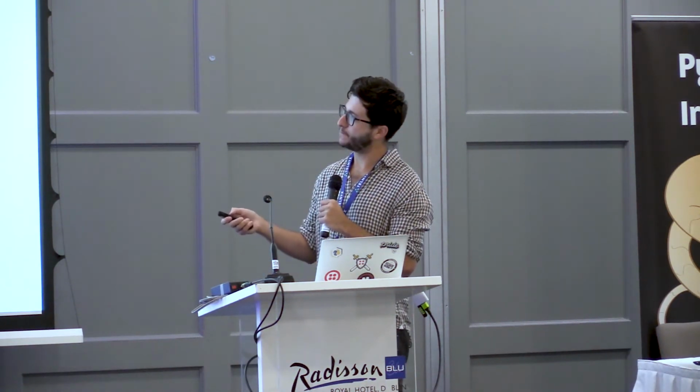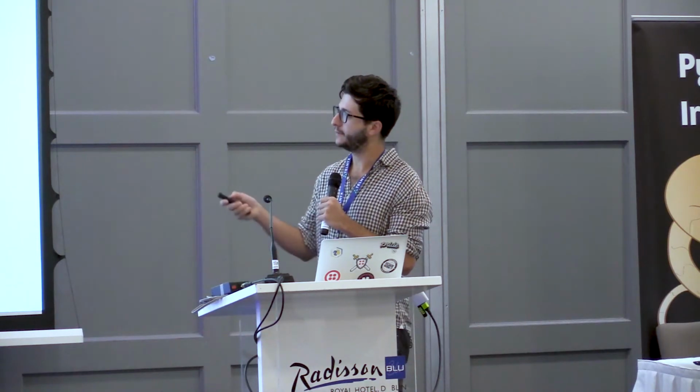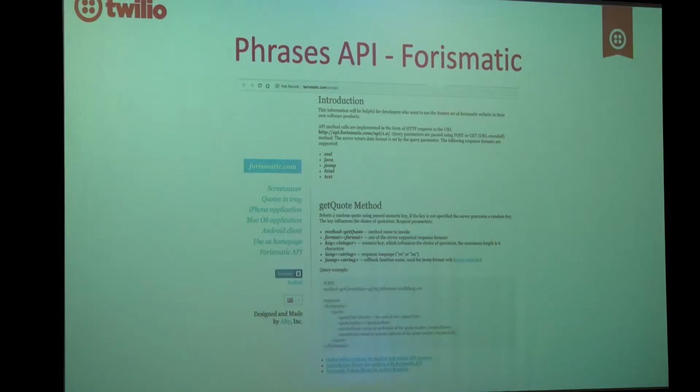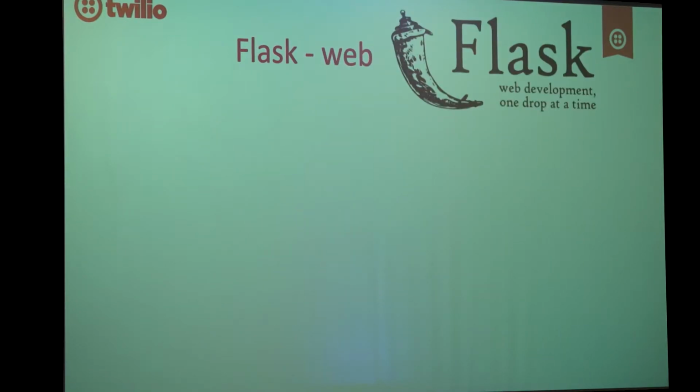So I Googled, phrases API. The page of the API tells you how to use the API. Some APIs are a bit cryptic, so it took me a while to understand what you need to do. Basically, it's telling you how to make a request to the API to obtain what you want. Here it says, make a post with these parameters, and then you will get in response the phrase. So I will come back to this later.